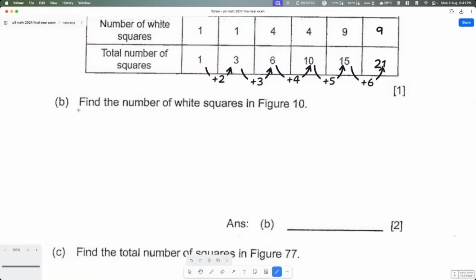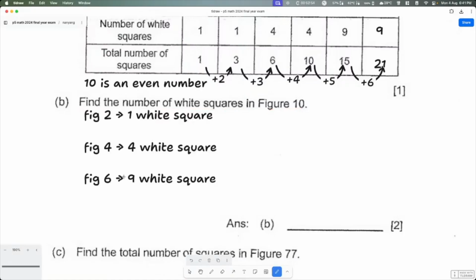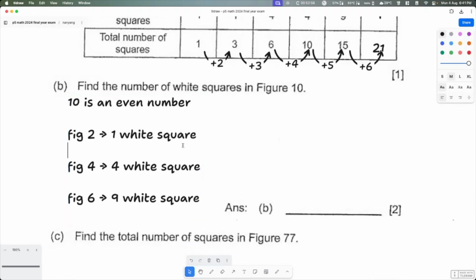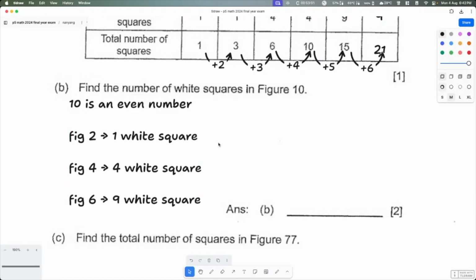For part B, find the number of white squares in figure 10. In this case, figure 10 is an even number, because you can see 4 and 9. Let me show you. Basically, you have 2 divided by 2, multiplied by itself, so 2 divided by 2 times 2 divided by 2.